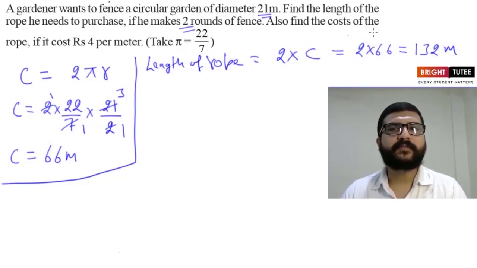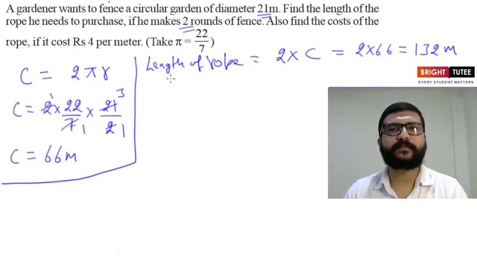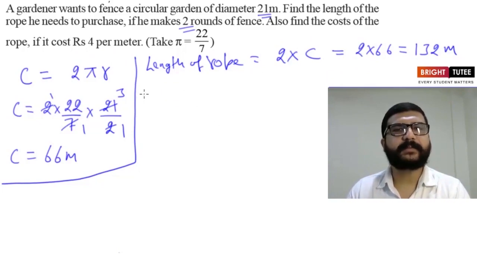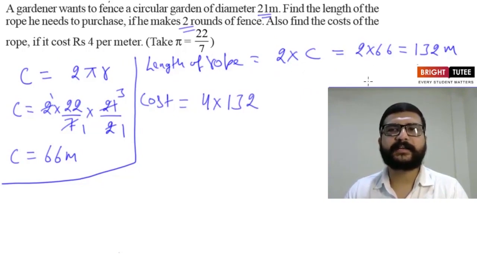Now what we have to find? We have to find cost. So cost for 1 meter is given as 4 rupees. So what will be the cost of 132 meters? That will be the final cost of the rope. So cost will be equal to 4 into 132, because cost of 1 meter is 4 rupees. So cost of 132 meters will be 4 into 132.